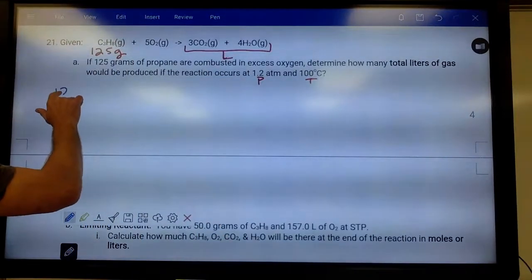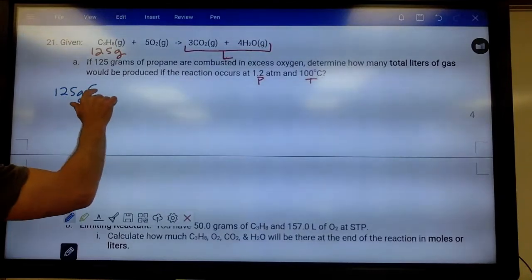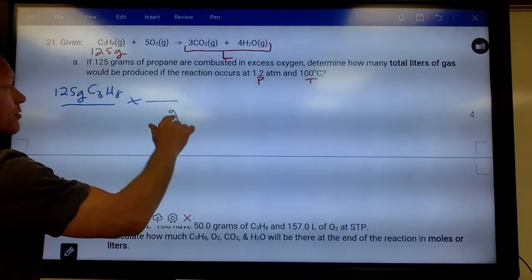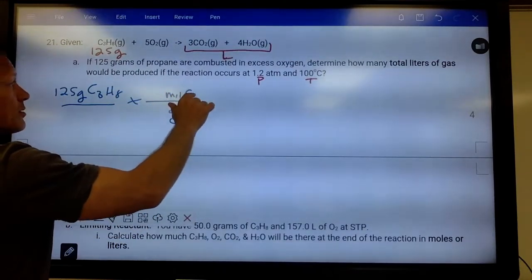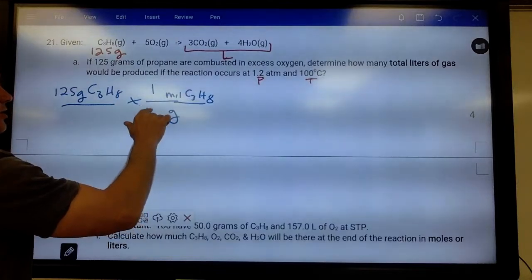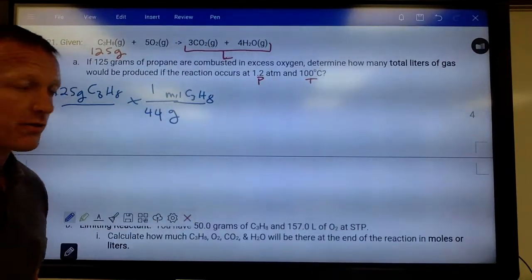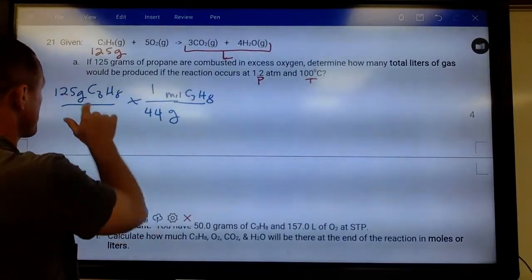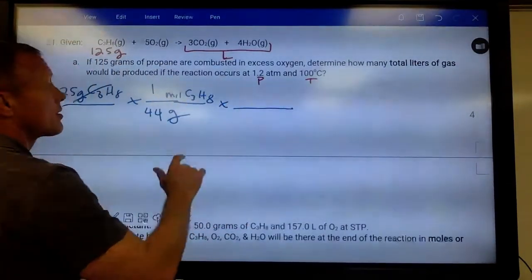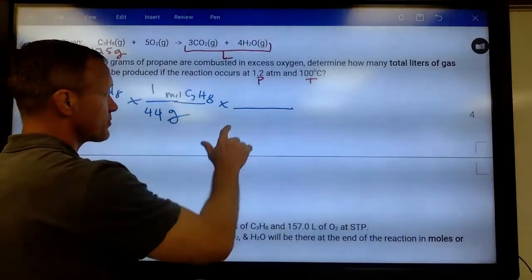We start with our 125 grams of propane. Go grams to moles of propane, which, off the periodic table, is 44 grams per mole: 3 carbons and 8 hydrogens. Those labels cancel. Go to our ratio. This is where it gets a little strange.